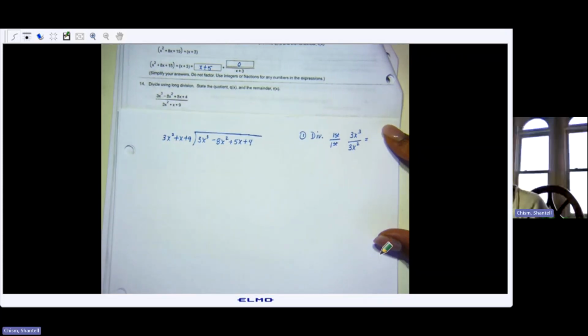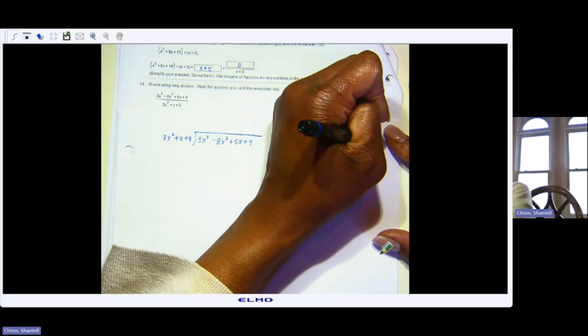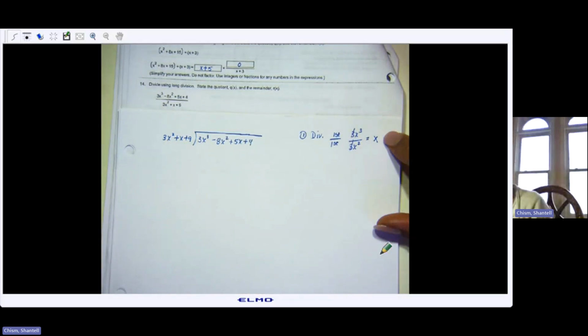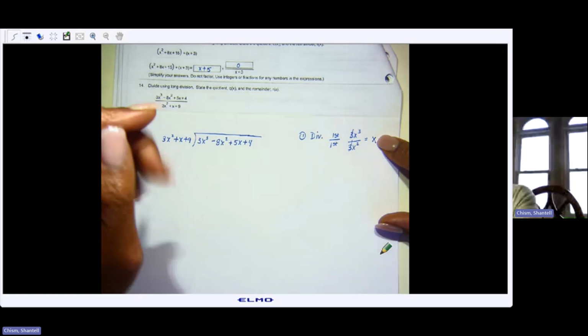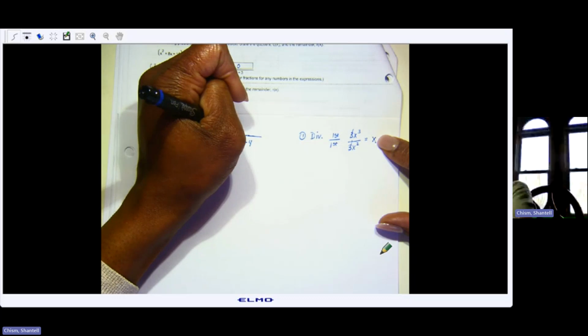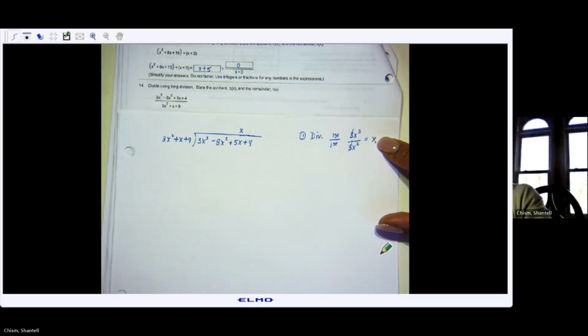Okay? That's going to give me just x. The 3's cancel. X cubed divided by x squared leaves me with just an x. So I take that answer. That answer is the first term of my quotient, of my answer. So I put it right up above its matching term. It's an x, so it goes up above the x term.